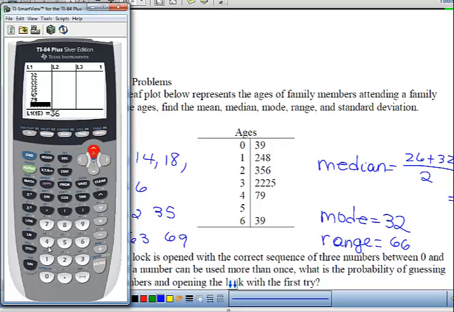Okay, let's see. 60, 47, 49, 63, and 69.